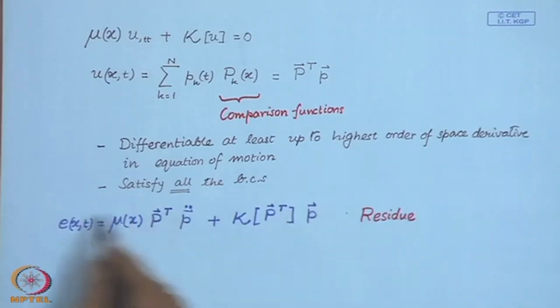We do not expect that this will be 0 throughout the domain. So, this function is known as the residue.